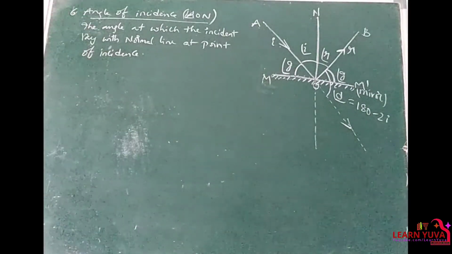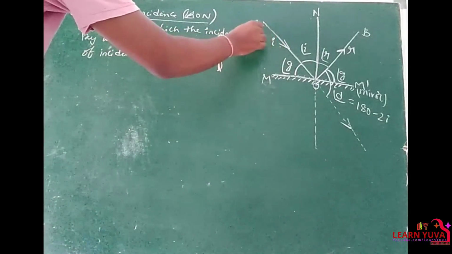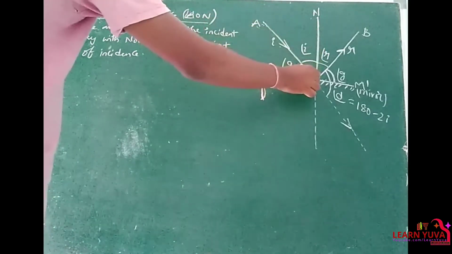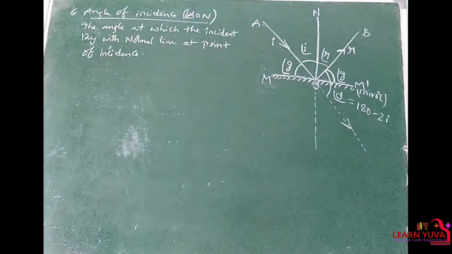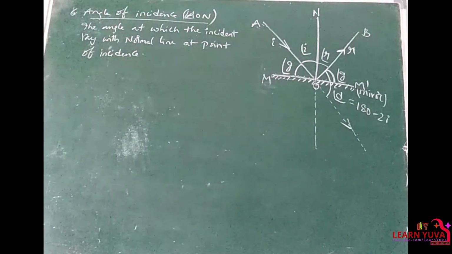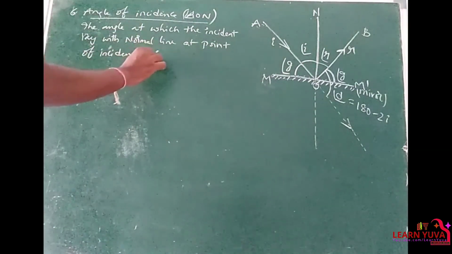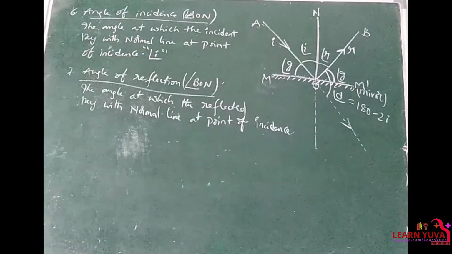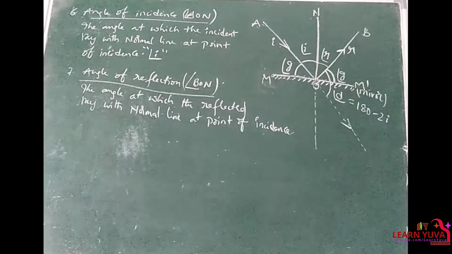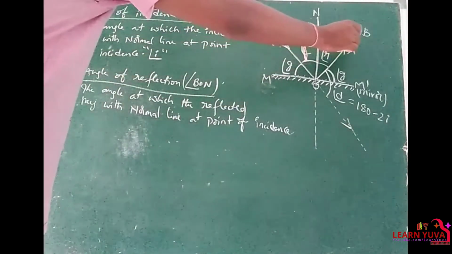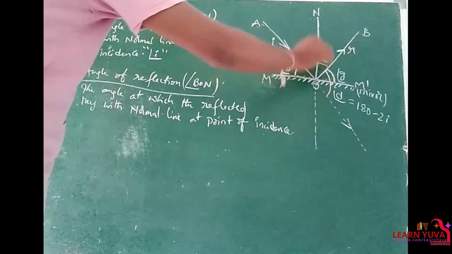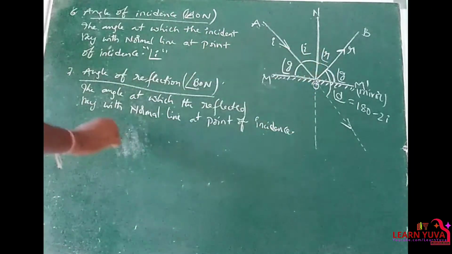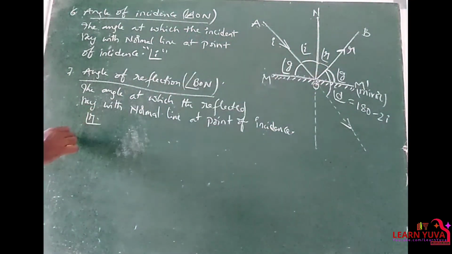The angle of incidence is the angle which the incident ray makes with the normal line at the point of incidence. It is denoted by angle I. The angle of reflection is the angle which the reflected ray makes with the normal line at the point of incidence. It is denoted by angle R.